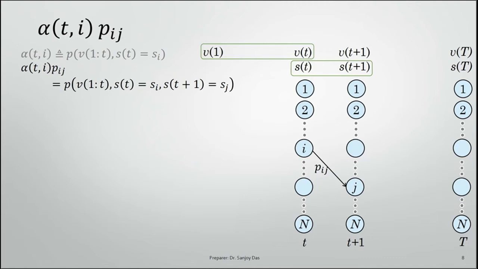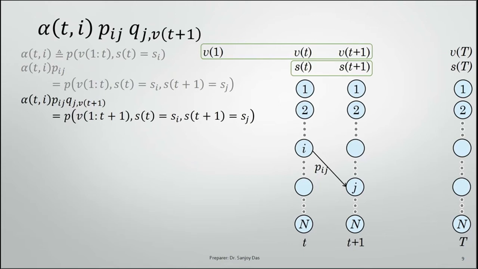So that's alpha_t(i) P_ij, and that's equal to this probability. Now I'm accounting for S_{t+1} equals S_j. So alpha_t(i) P_ij is the joint probability of the output sequence V_1 through t, and S_t equals S_i, S_{t+1} equals S_j, two consecutive states at times t and t+1 being S_i and S_j.